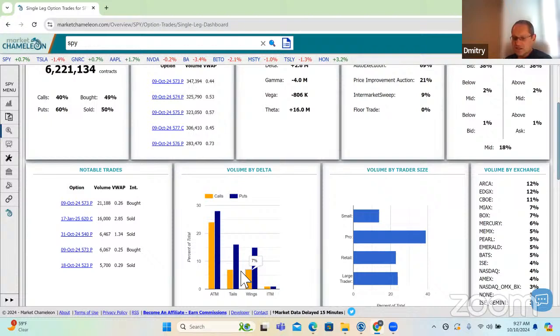And here we see that 7% of the trades were in the call wings, 15% were in the put wings. Then we have the tails, and the tails over here, those are already relatively far out of the money based on the delta. You really need the stock to move significantly relative to its implied volatility for those to go into the money, so they have a much lower probability of being in the money.